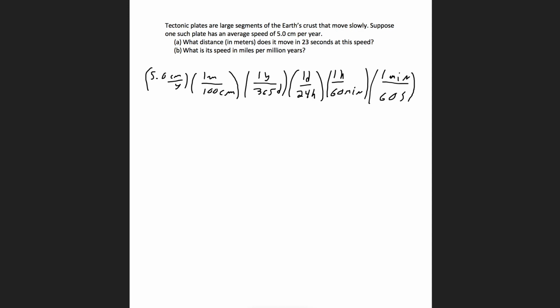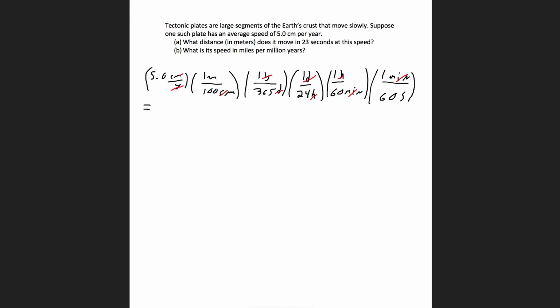Let's see what we've got. Centimeters cancel. Leaves us with meters up here. Years cancel. Days cancel. Hours cancel. Minutes cancel. That leaves us with meters per second, which is what we want.